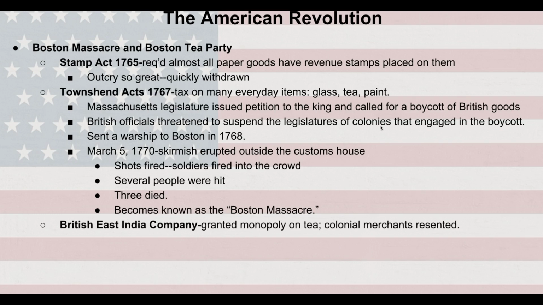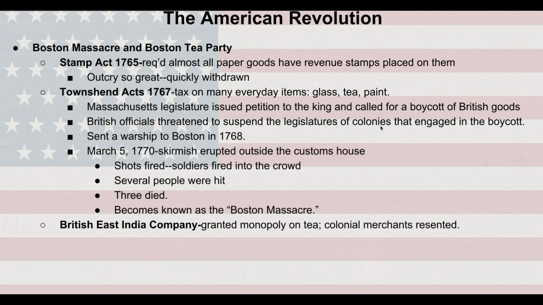Now, the British East India Company is going to be granted a monopoly on tea. And so essentially, to supply tea, which is a significant product that the British people use every day, to supply tea to the colonies, it has to be from the British East India Company, which is a British company. And so it's going to create a situation where individuals are going to have to end up paying those taxes.